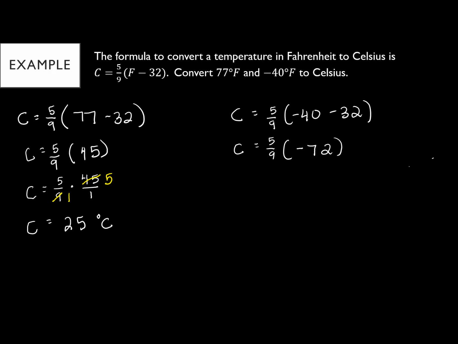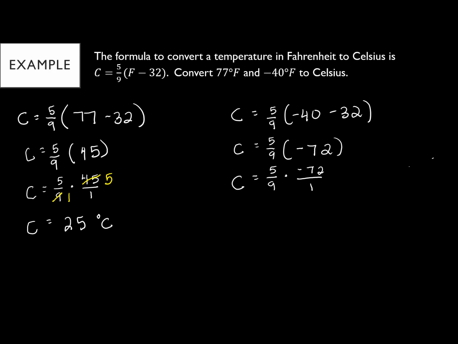Now, again, I'm going to make that negative 72 a fraction so I can reduce this. Now, if you did a problem like this and it doesn't reduce, then we usually convert it to decimal, because when you're giving temperatures, you don't give temperatures with fractions, you might give it with decimals. But in both of these cases, these will give us whole numbers, so we don't have to worry about that.